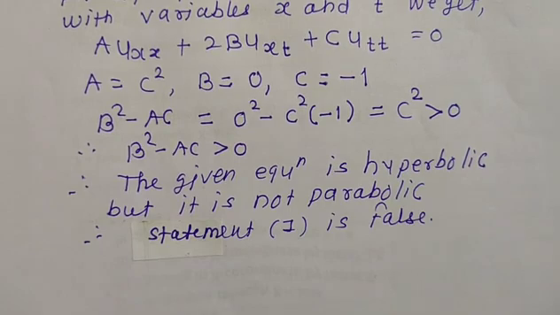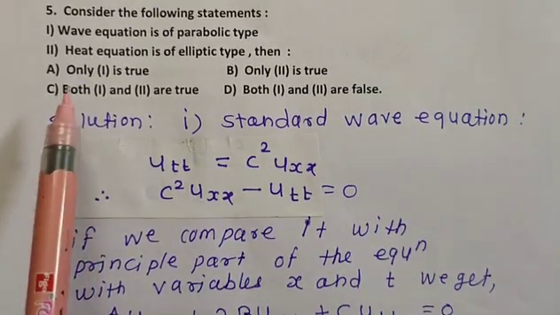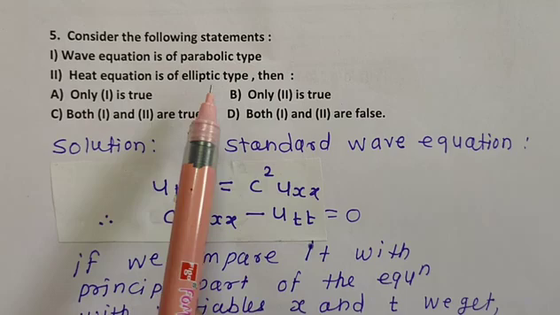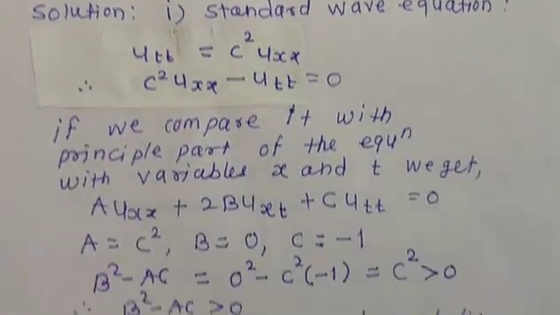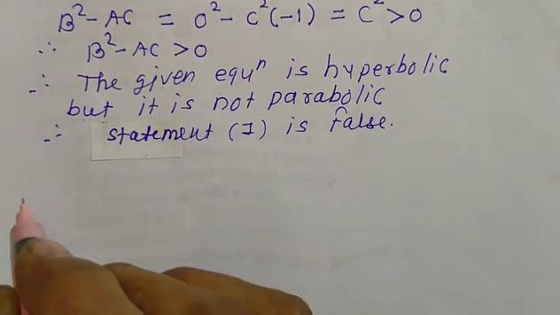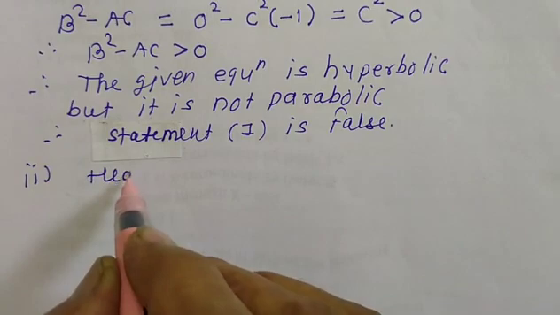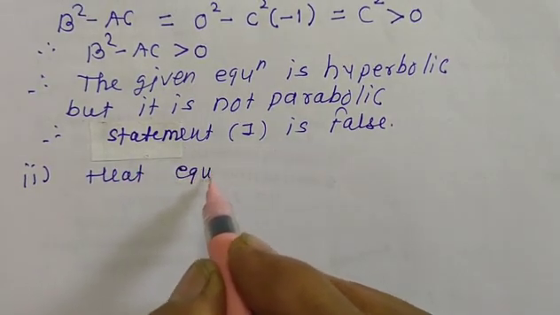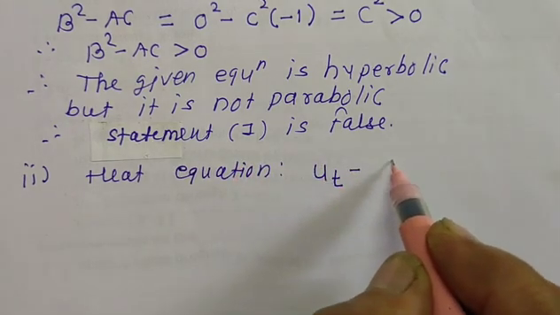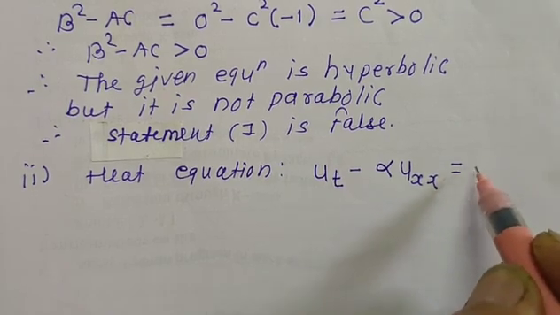Okay. Now we have to consider second, that is heat equation. Okay. And which is elliptic or not. So standard heat equation, considering second, heat equation ut minus alpha uxx, this is equal to 0.